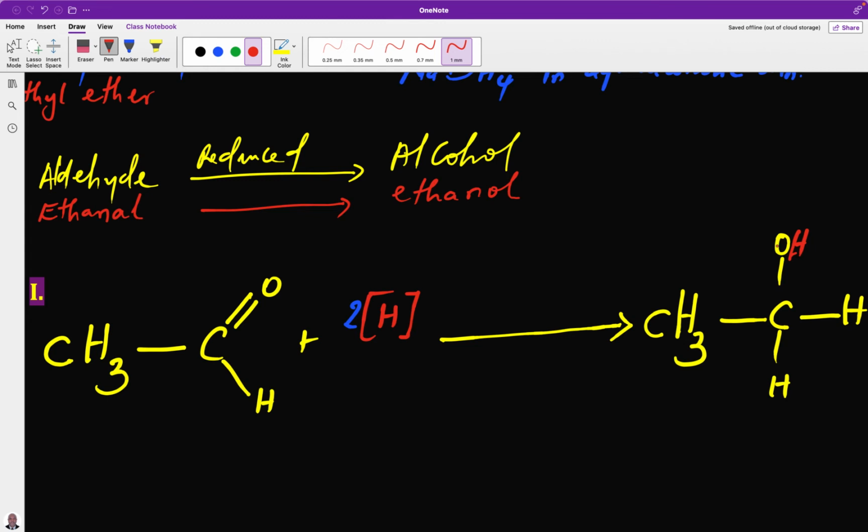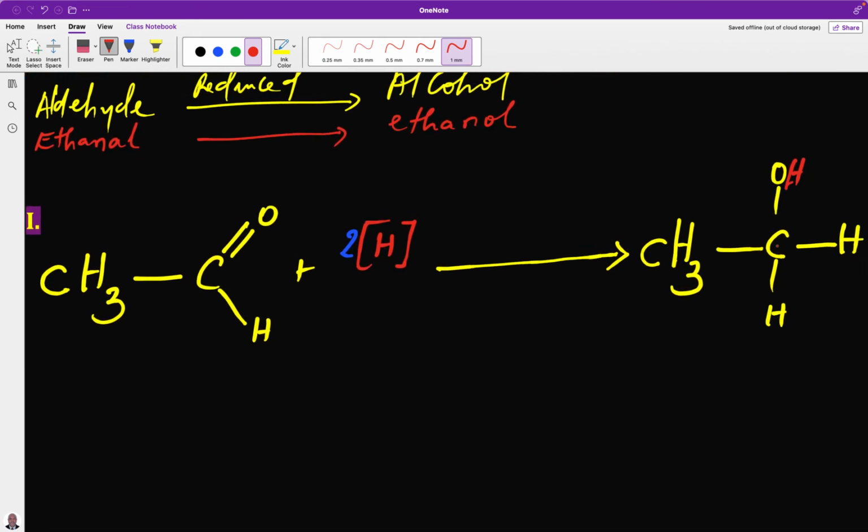The product will be ethanol, which is CH3CH2OH, ethanol.